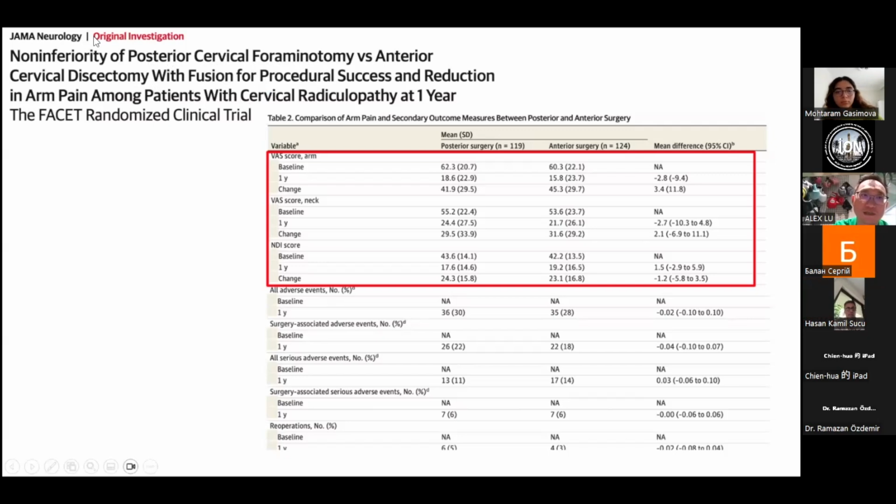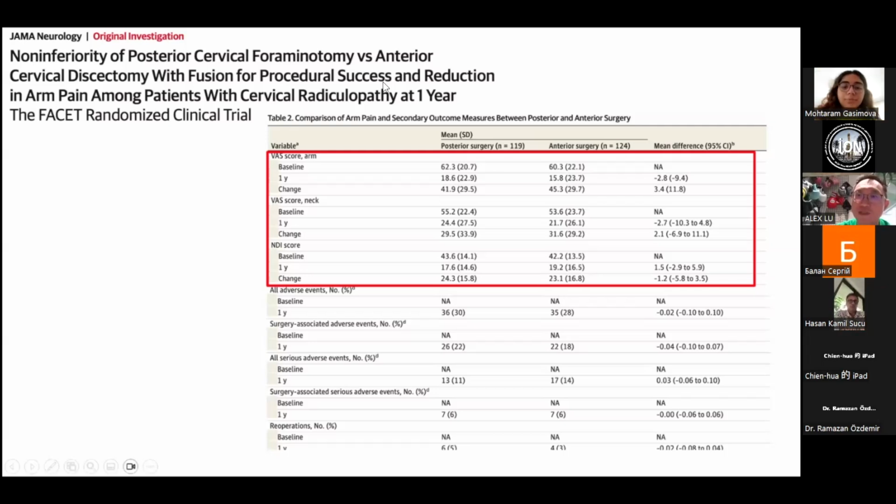This was published in JAMA Neurology last year, the FACET randomized controlled trial, from the Netherlands. It's a prospective randomized controlled trial.